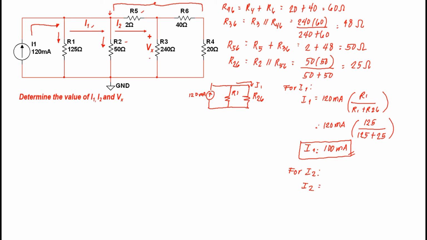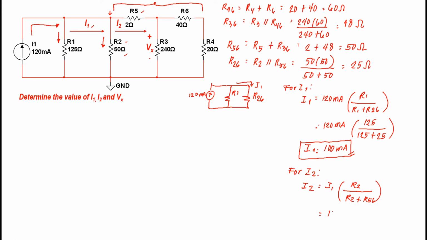I2 is equal to I1 multiplied by R2 over R2 plus the R56 combination.